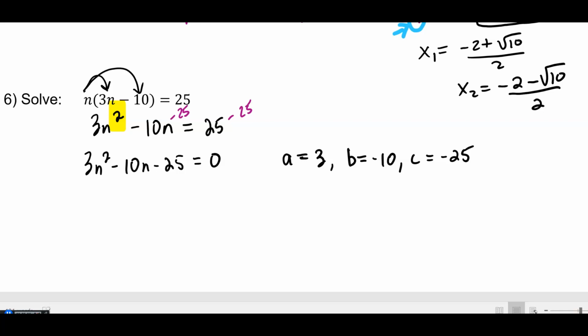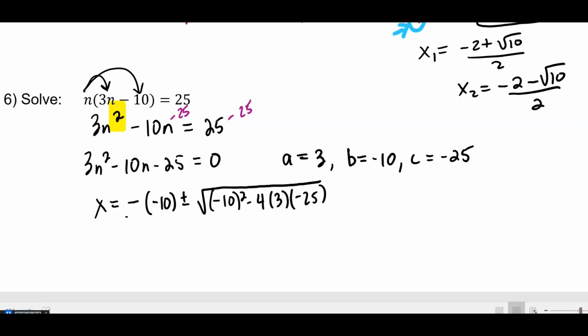So we have x equals negative b, and b here is negative 10, plus or minus the square root of negative 10 squared minus 4 times a times c, which is negative 25, all over 2 times 3.